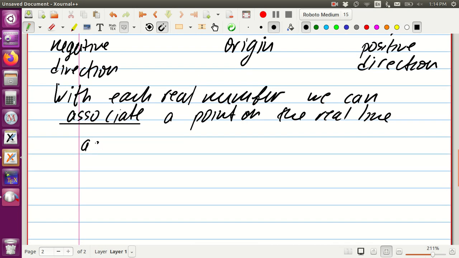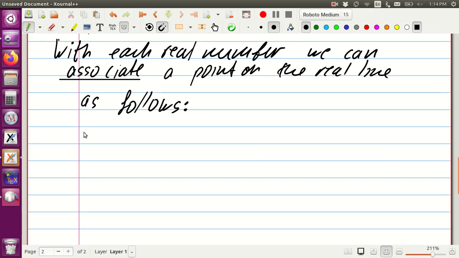Now we make up our rule, and we need 3 parts for this rule.